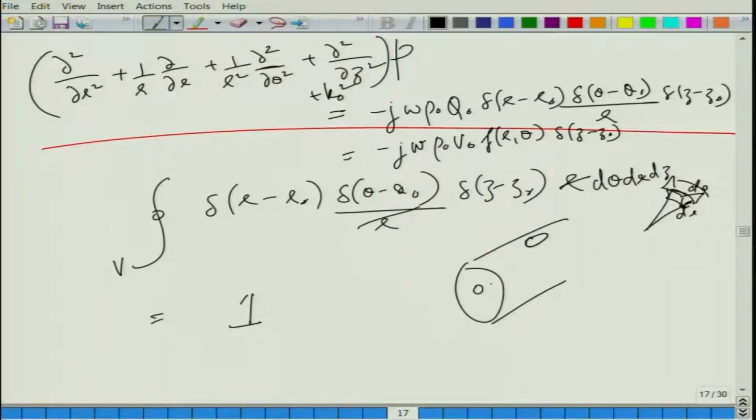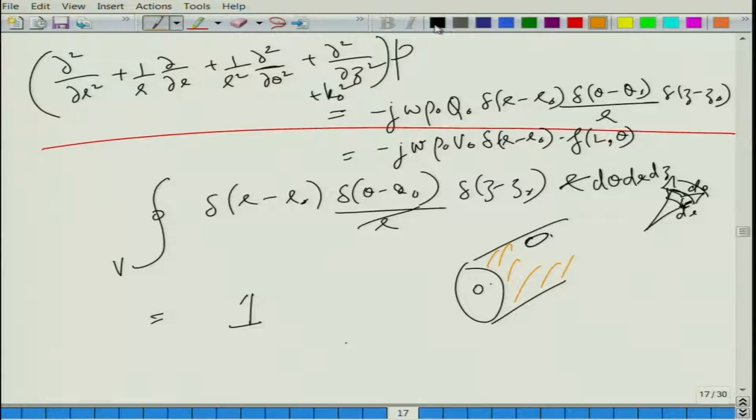If the port is located on the side surface, then instead of this you will have delta r minus r naught into f of L comma theta, where f of L comma theta is unity over the port area, and it is 0 over all the side surface area where the port is not there. Okay, so that is one thing.